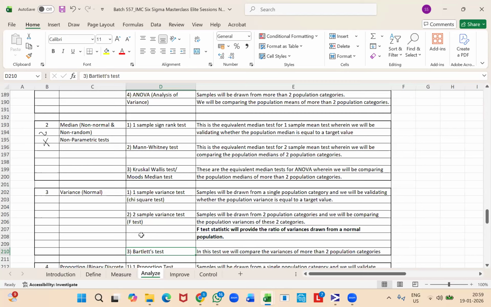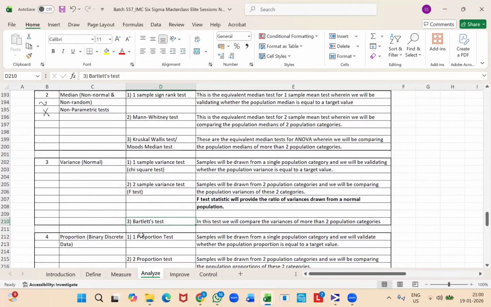But if you want to compare the population variances of more than two population categories, then we need to use Bartlett's test. Say, for example, average processing time data is given for three production centers, and you want to compare the variance in the processing time. We will use Bartlett's test because we have three population categories to be compared, right?